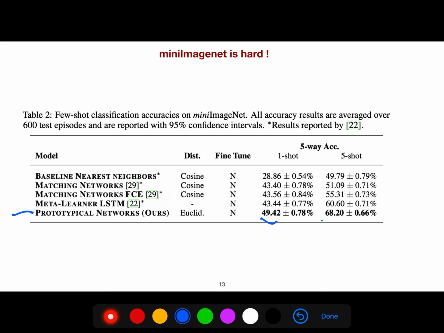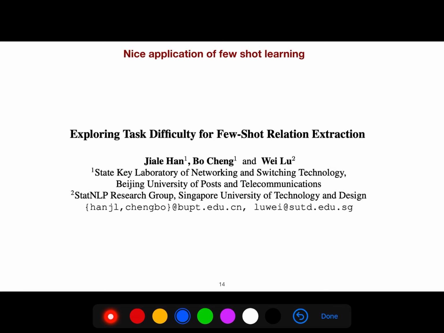In this algorithm, ProtoNet, for 5 shots, we expect to have more accuracy than 1 shot because we have more examples. But even in 5 shot, it is still 68% accuracy. Remember, we are in 2023, and the state-of-the-art algorithms still have very low accuracy. And this is a very nice application of few-shot learning.